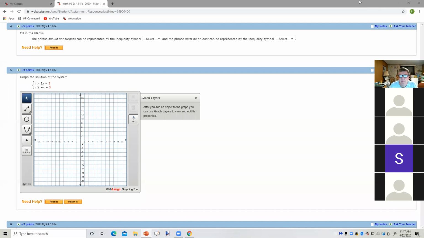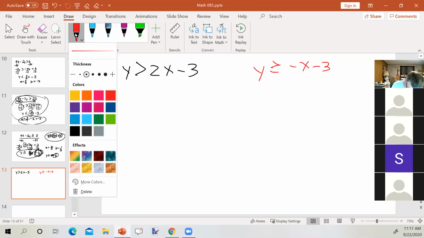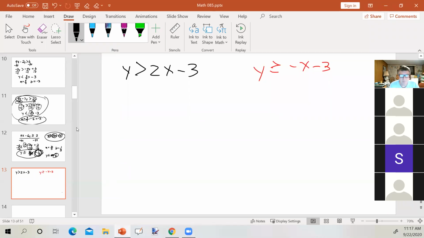Okay, I'm going to go back to my regular screen. So both of these are already in slope-intercept form.